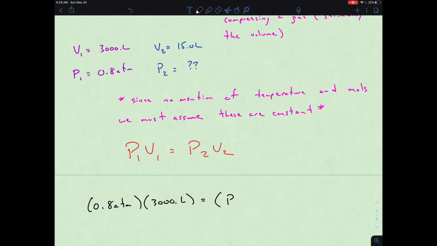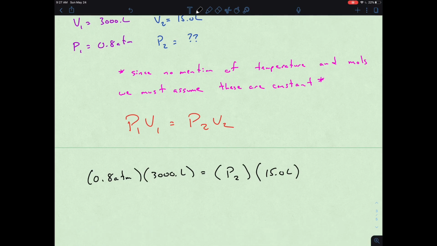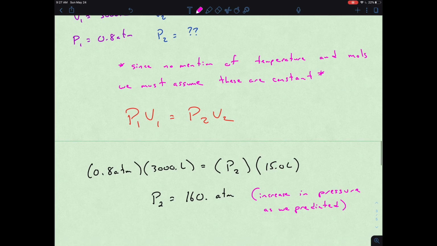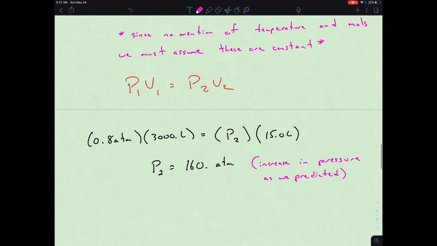We have the second pressure, which we're trying to figure out as a result of the compression from our 3,000 liters to our 15 liters. And we end up with a pressure equal to 160 atmospheres. And notice that this is an increase in pressure, as we predicted. We predicted that since it's compressing, our pressure should increase, and that's exactly what we have determined here.